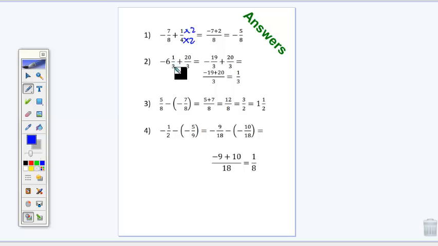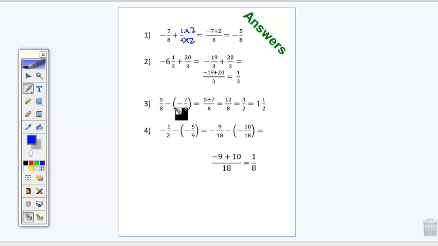Now in number 2, the first step is to change the mixed number to an improper fraction. So negative 6 1/3 to improper will be negative 19 over 3 plus 20 over 3, and then we just add normally.